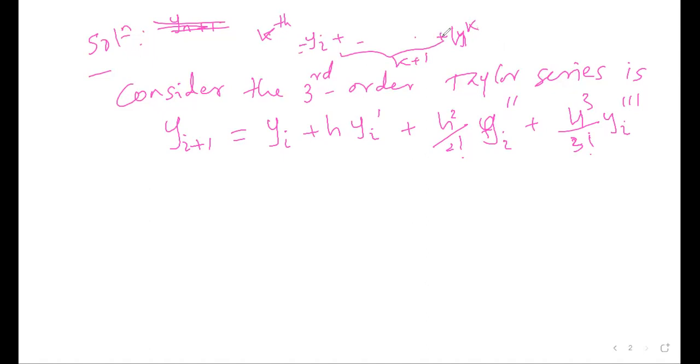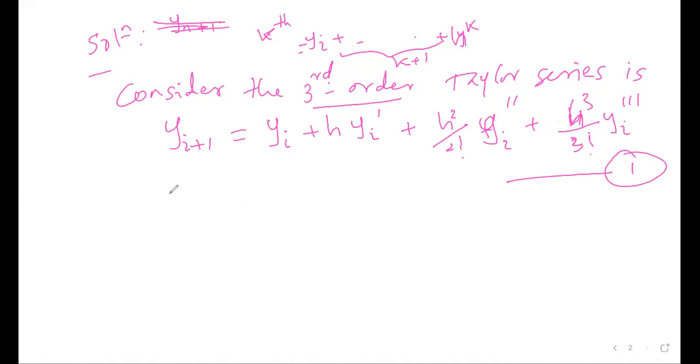Earlier, I think I told you one less, so you have to be careful. For the third order, you have to stop at the h to the power 3 term. So this is our equation number 1, which is the third order Taylor series, which we're going to use.